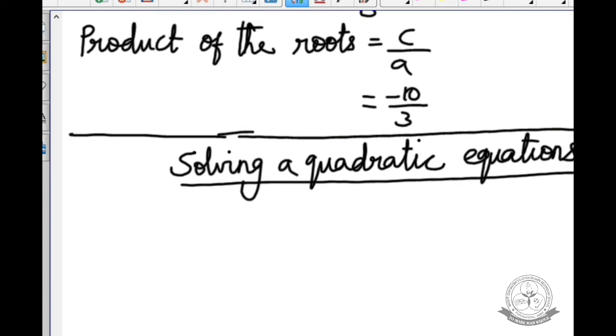So in three methods we can solve a quadratic equation. For the equation given, we have to find the x value. The first method is factorization method.